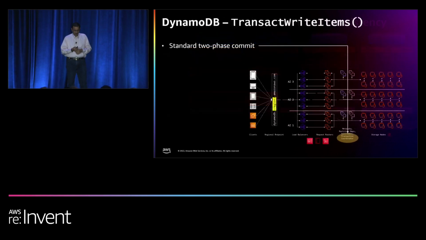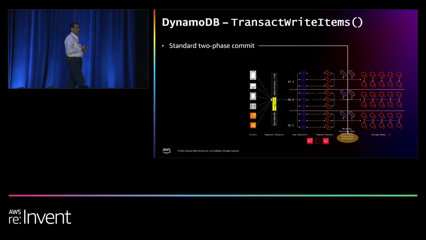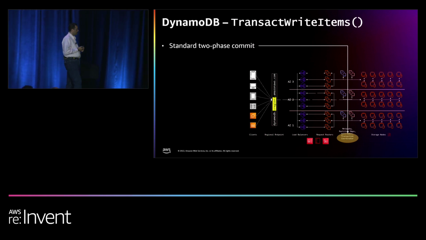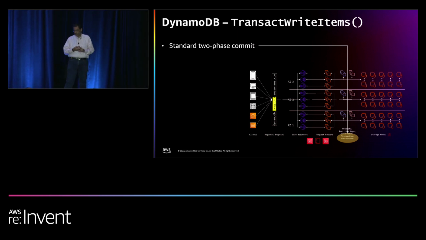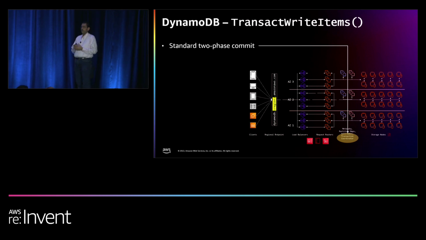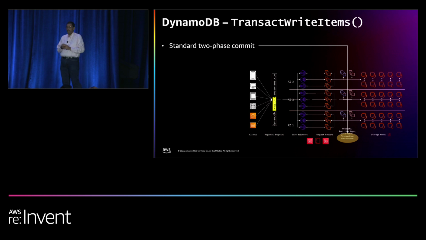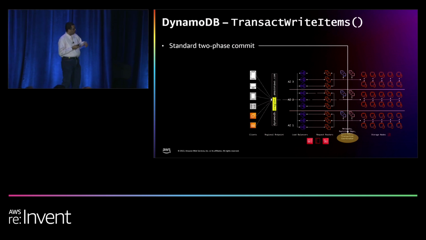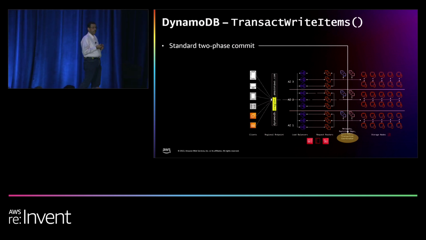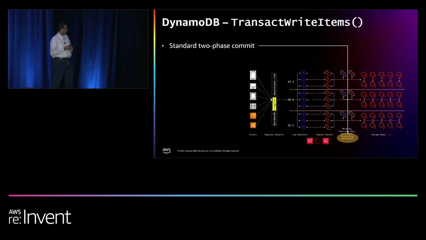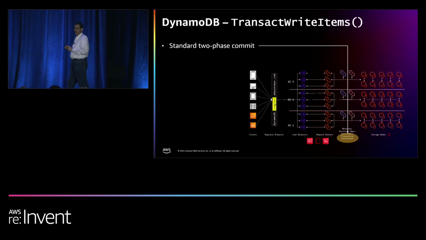The other thing which Alex talked about was transactions, the way in which we do transactions in DynamoDB. For those of you who are familiar with transactions in a relational database, very, very similar. In the middle column there, with the fleets of hosts which we operate, I mentioned one called a transaction coordinator. For those of you who are familiar with two-phase commit, it's the same thing.